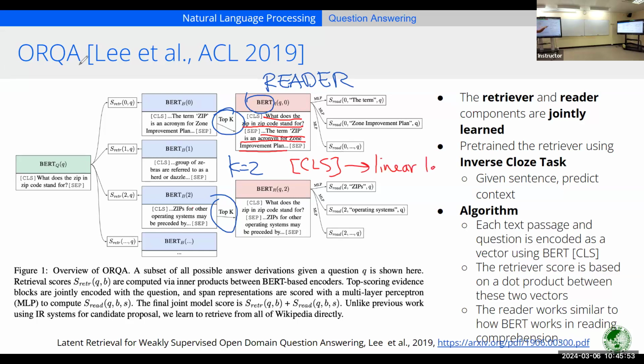How many linear layers? If it's simply extraction, it's simply 2 linear layers, this for start, and this for end. So you can say that the reader is simply copied from reading comprehension.